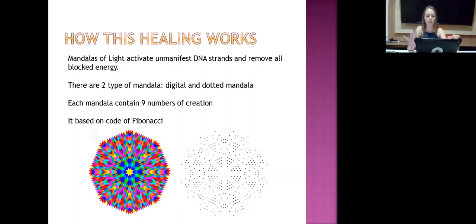For example, number 1 means the beginning. Number 2 means duality. It's when we come out from some certain duality. Number 3 represents creation, when we have a certain idea in our mind. And number 4 represents stability.